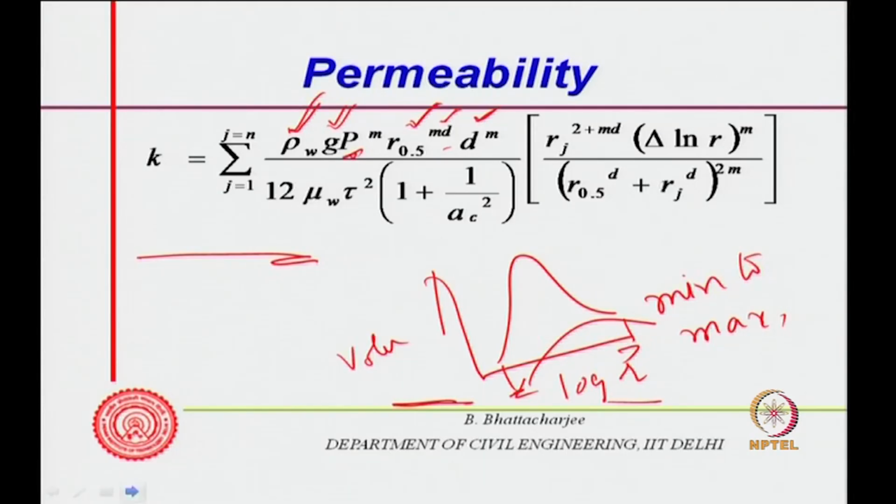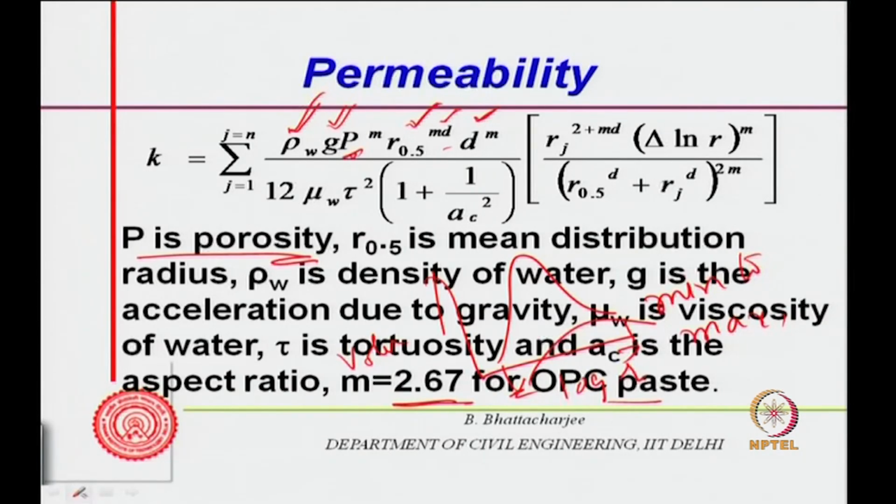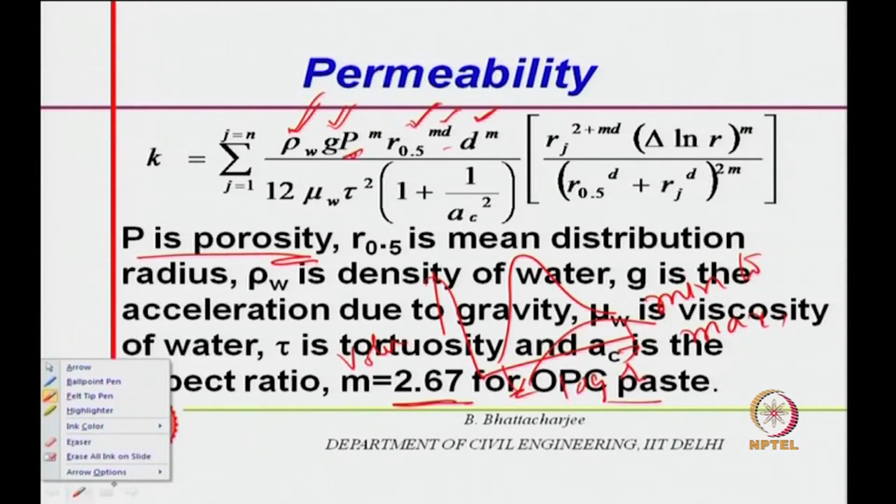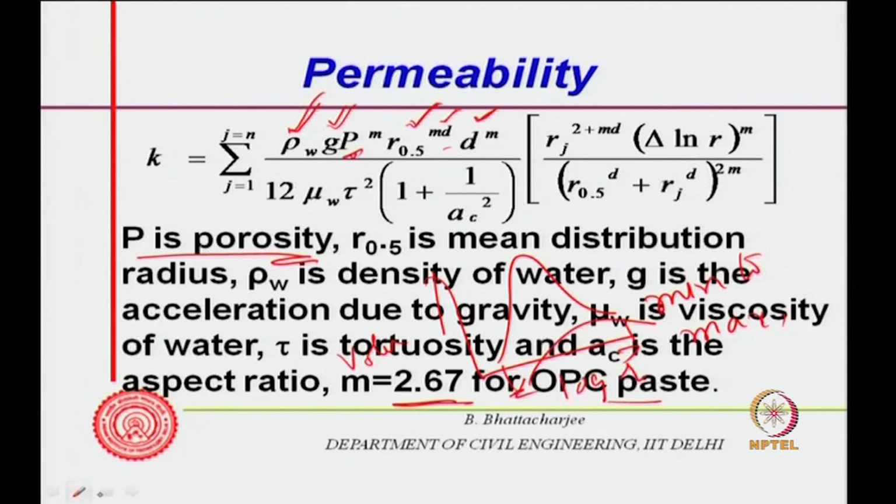So, D is related to pore dispersion, rho is density of water, and this is J going from 1 to n.